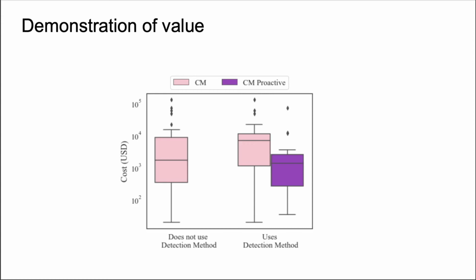This figure shows a box plot representation of the maintenance costs, including both parts and labour. The pink case on the left shows what happens when you don't split the corrective work, and corrective work is a big bucket with no granularity. The case on the right, shown in purple, shows how, using a detection method, the costs can be split between corrective work events and corrective work events which were detected proactively.